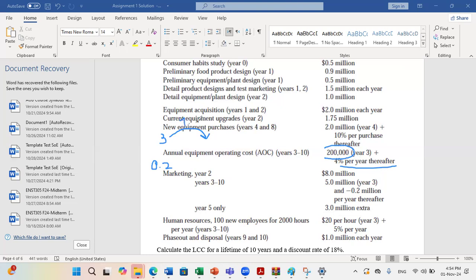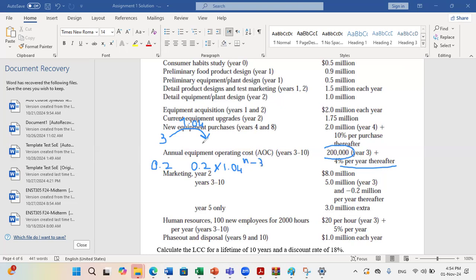Okay, so I can, in my Excel sheet, do a general formula. And the general formula will be the following: 0.2 times 1.04, okay, to the power of the year number minus 3, okay?